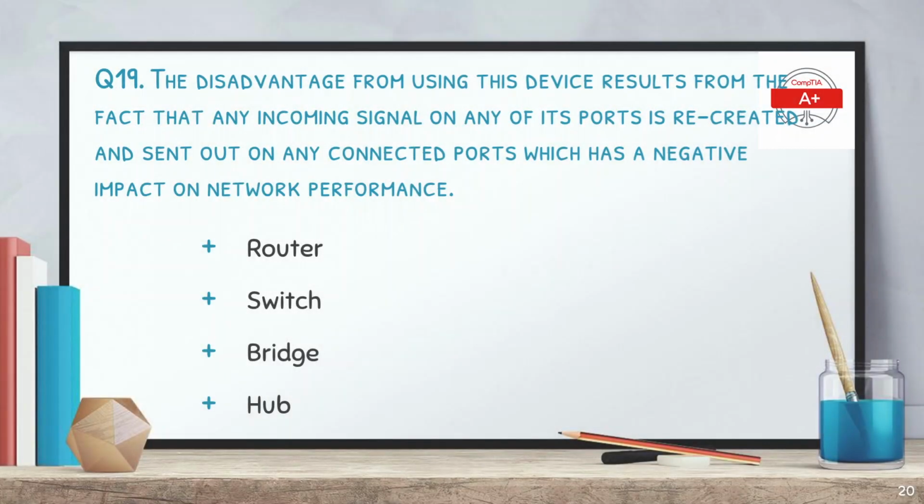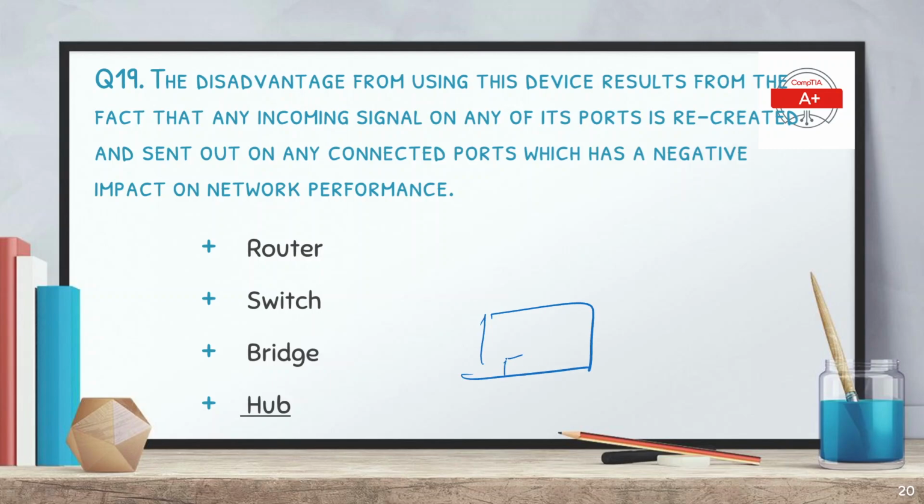Question number 19 is that the disadvantage from using this device results from the fact that any incoming signal on any of its ports is recreated and sent out on any connected ports, which has a negative impact on network performance. So the options are router, switch, bridge, and hub, and the correct answer is hub. So a hub is a typical device.